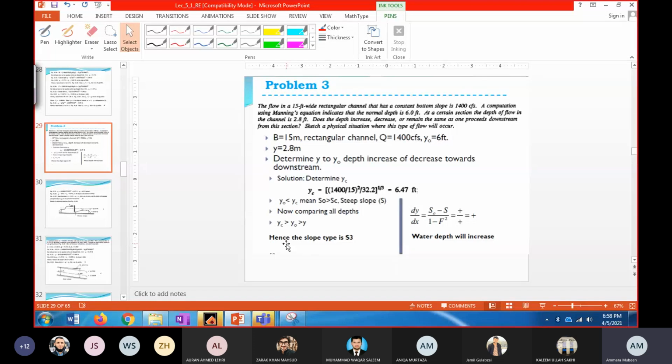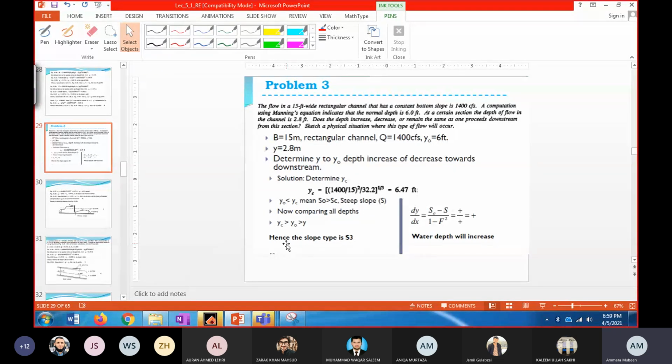At a certain section, the depth of flow in the channel is 2.8 feet. Does the depth increase, decrease, or remain the same as one proceeds downstream from this section? Sketch the physical situation where this type of flow will occur.